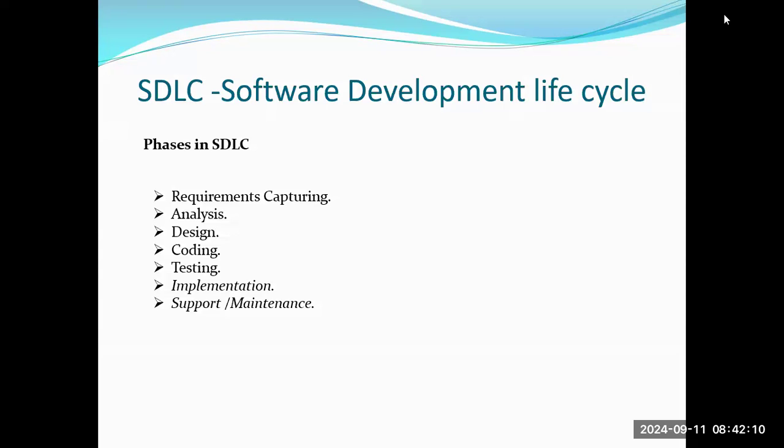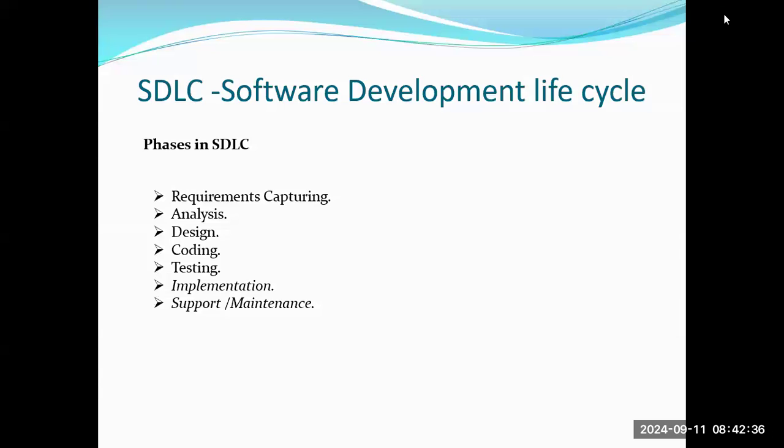Most of the people will ask you only one or two questions in a campus interview, and SDLC they will definitely ask. What is SDLC? Software Development Life Cycle. If they ask what the phases in SDLC are, you need to explain all of them: requirement, analysis, designing, coding, testing, implementation, and support and maintenance.